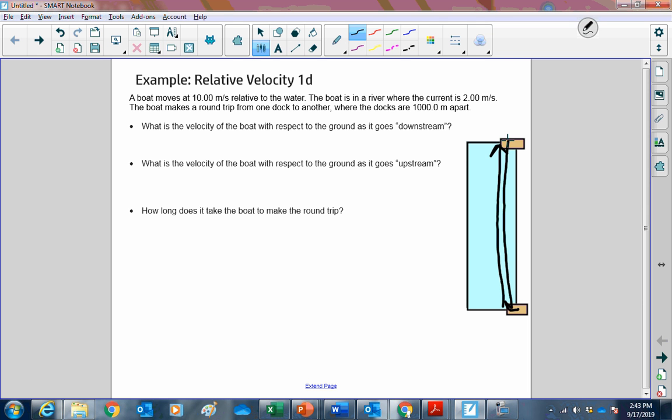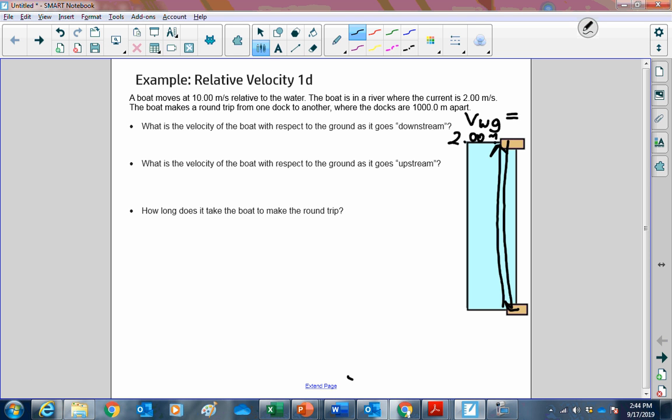The current in this river is 2 meters per second. We can pick one direction for the current to go in. So let's say that the current, which I'm going to call the velocity of the water with respect to the ground, is 2 meters per second.